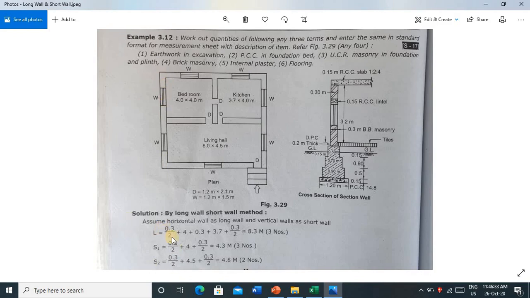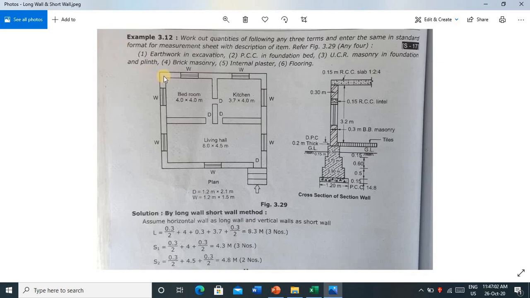So 0.3 divided by 2 plus 4 meter, that is your horizontal distance, plus again 0.3, that is your full brickwork, plus 3.7, the length of this wall, plus again half of this, 0.3 divided by 2. It comes to 8.3.